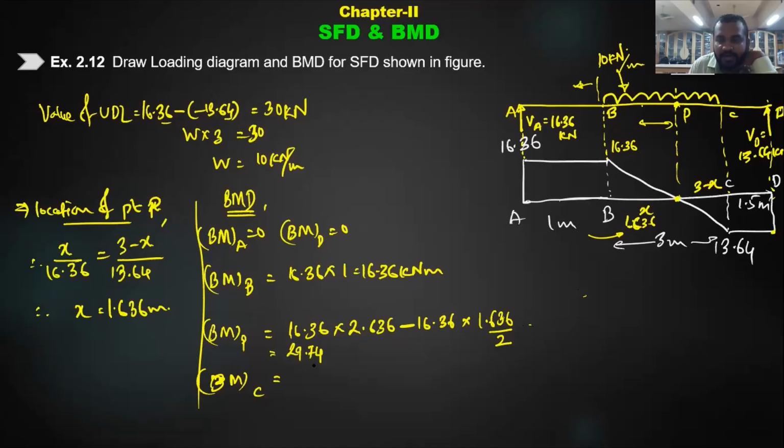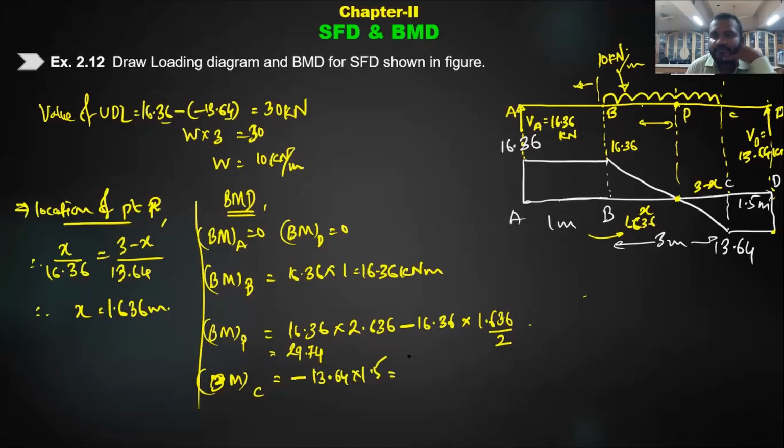And bending moment at C के लिए राइट हैंड साइड से लिखना इजी रहेगा, बट वो अपवर्ड एक्ट कर रहा है तो माइनस आने वाला है. कितना आएगा? Minus 13.64 multiplied by 1.5.